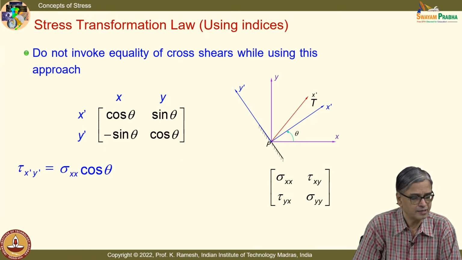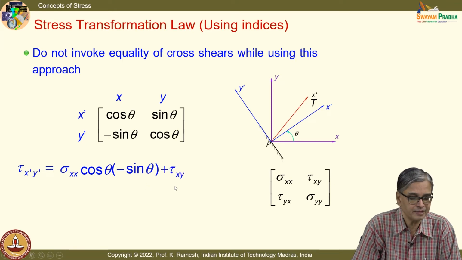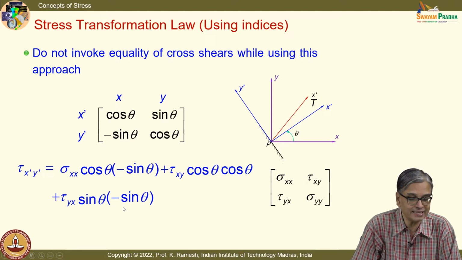Fine. So, I have this as cos theta multiplied by minus sin theta, and when I go to tau xy, I have x prime cos theta, y prime y, that is cos theta again. Okay. When I go to tau yx, I have x prime y, that is sin theta, and then y prime x minus sin theta.